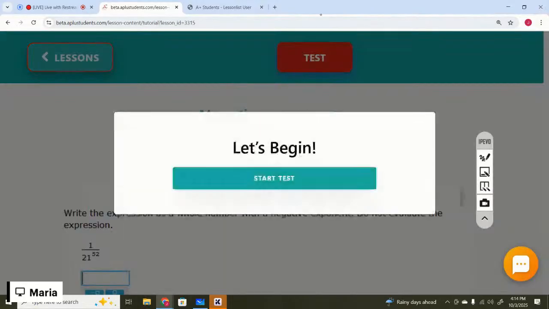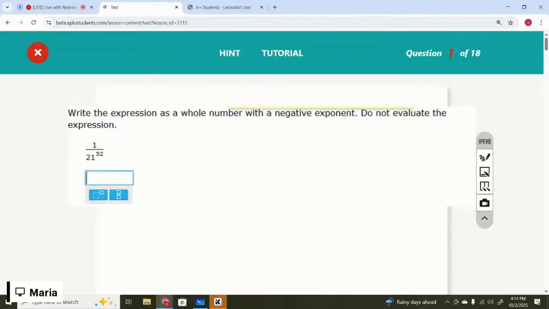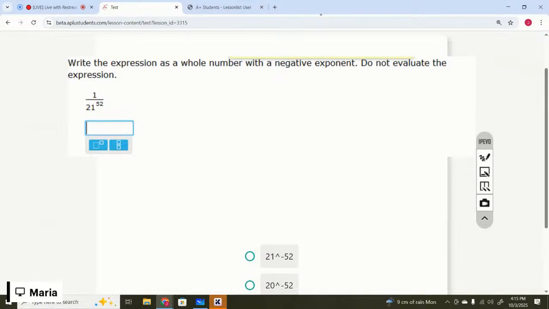Let's start with the test questions. Write the expression as a whole number with a negative exponent. Do not evaluate the expression: 1 over 21 exponent 52.